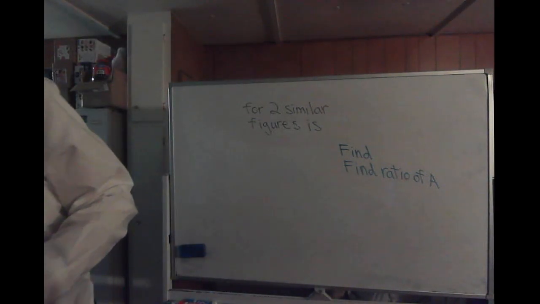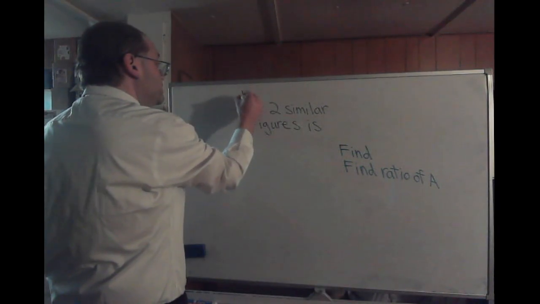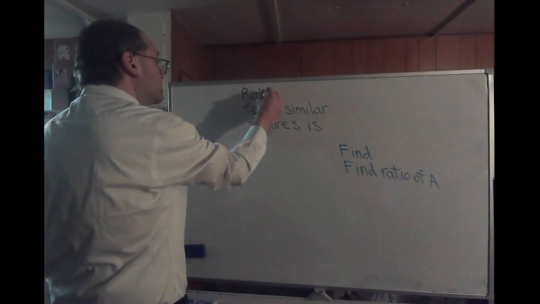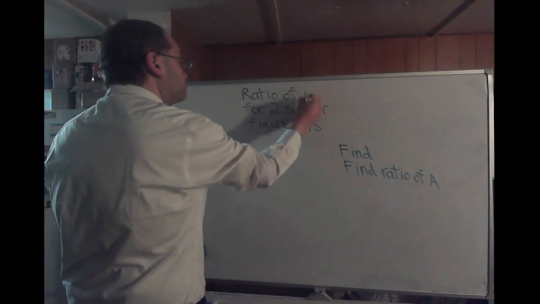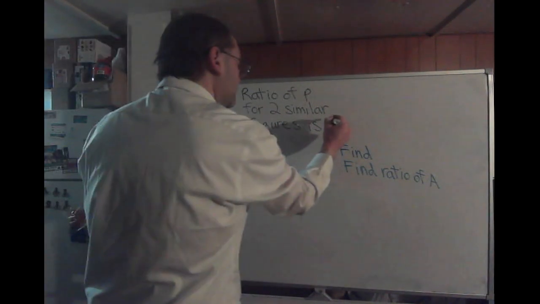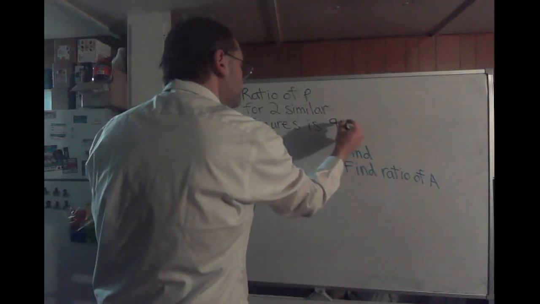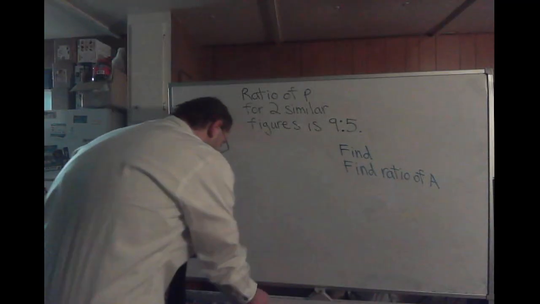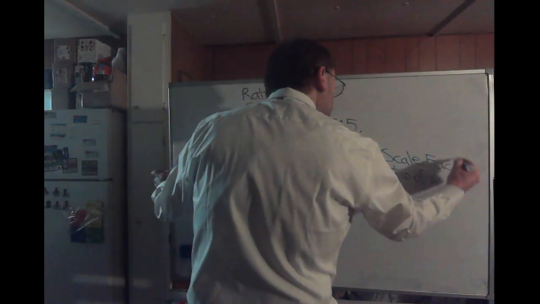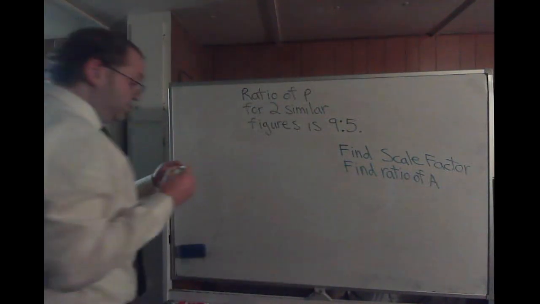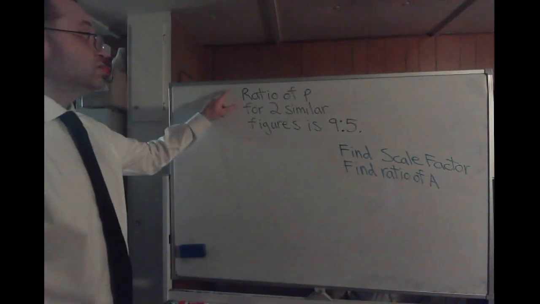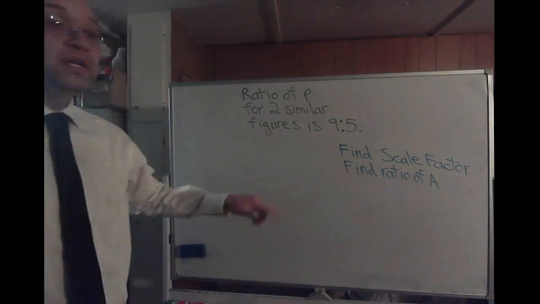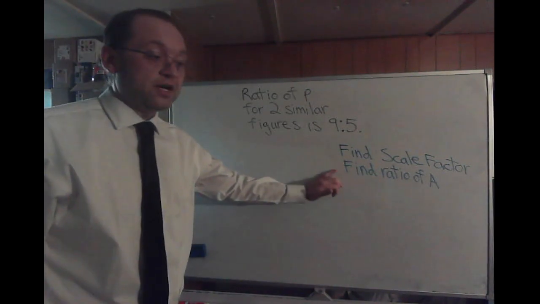This time they give that the ratio of perimeters for two similar figures is 9 to 5. This time we need to find the scale factor itself and the ratio of the areas. So you've got two similar figures where the ratio of their perimeters is 9 to 5. We need to find the scale factor, then the ratio of the areas.